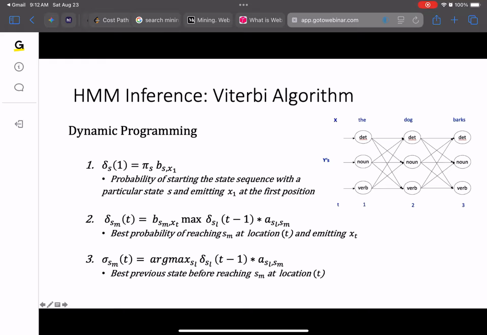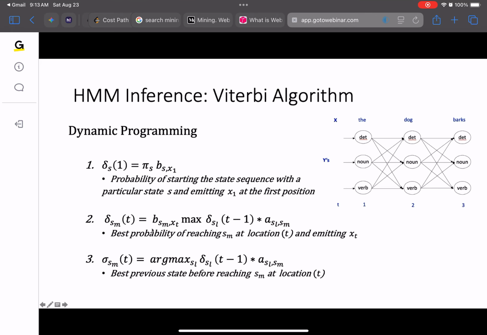This is possible because of the Markovian assumption we made, where the current state is dependent only on the previous state and independent of all the other previous states.